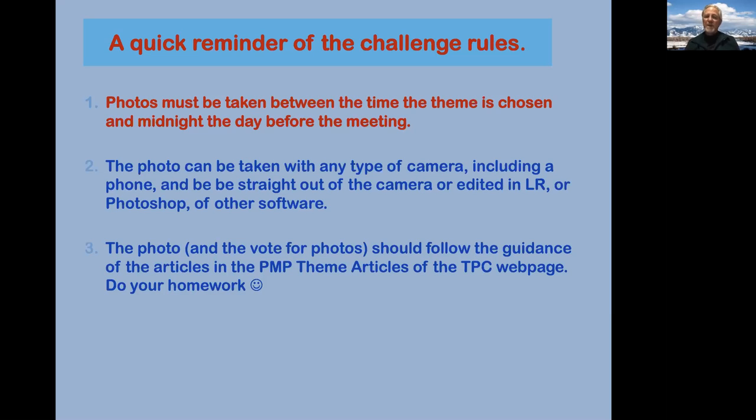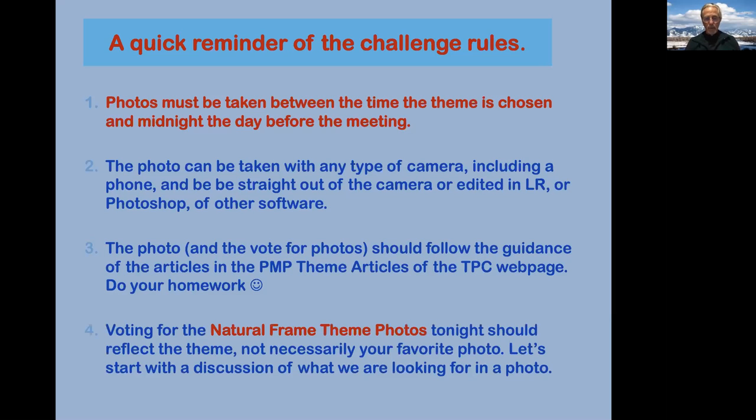And we'll have articles, and I'm going to be trying to change how those show up on the TPC website to make it a little bit easier to find them. But we've got some really good articles that you can read, and we always have a discussion before we actually have the vote. And so 4 is kind of an evaluation of 3.